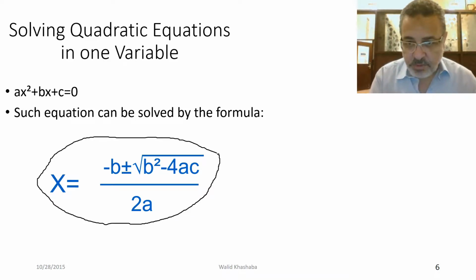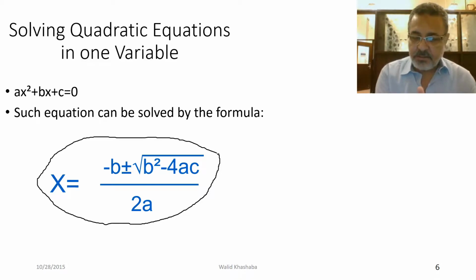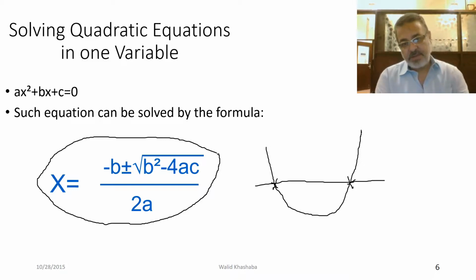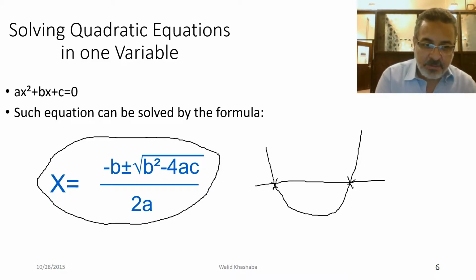As you know, a quadratic equation like this will have two solutions. If you have a look at a parabola like this, these two solutions are these two points, I mean the points of intersection with the x-axis, because it's from the second degree.